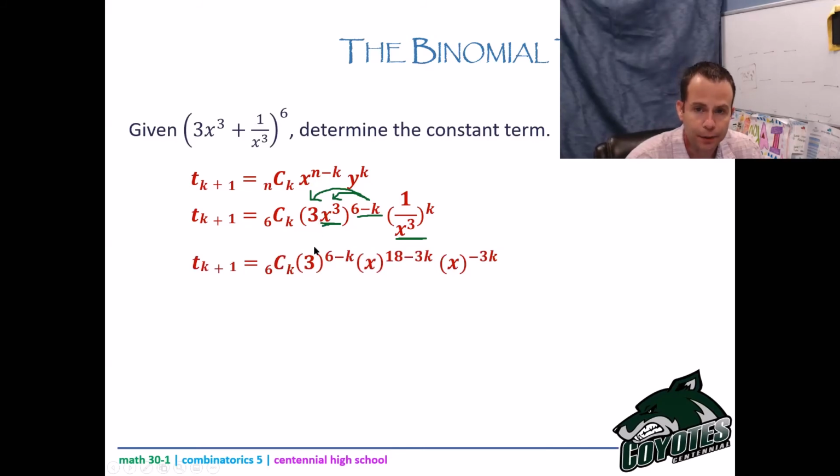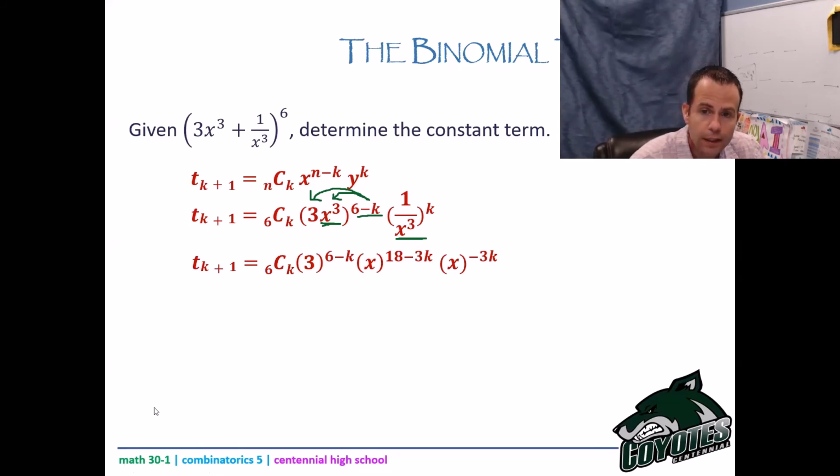I've got the 3 to the 6 minus k. This guy here is a power of a power. So when I have a power of a power, I multiply the exponents. So that's where the 18 minus 3k is coming from. And then, like I said earlier, I wrote my 1 over x cubed as x to the negative 3, but then it's x to the negative 3 to the k. So I multiplied those exponents together and got negative 3k.